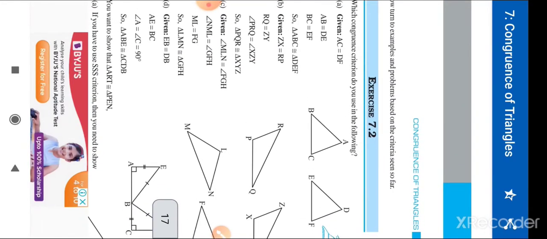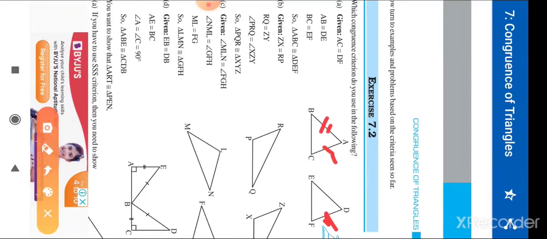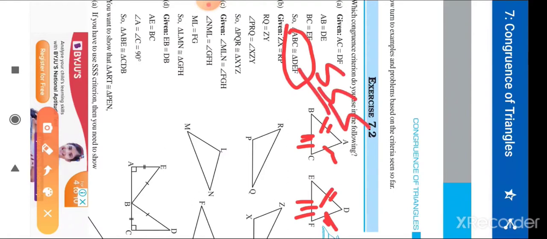So it is clear from the diagram that AC is equal to DF, AB is equal to DE, and side BC is equal to side EF. So triangle ABC is congruent to triangle DEF, and the criteria used here is the SSS congruency rule, because three sides of triangle ABC are equal to the three sides of triangle DEF.